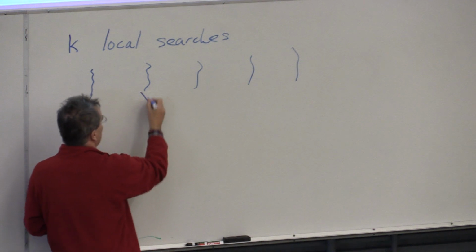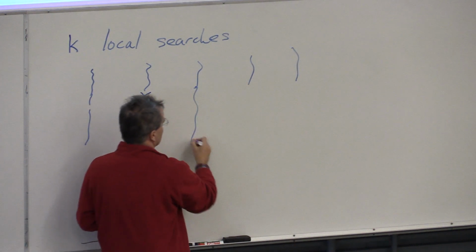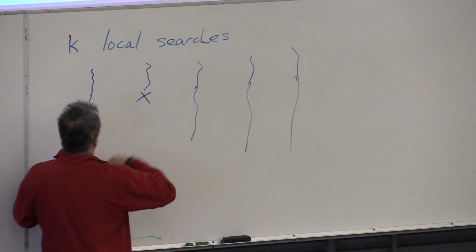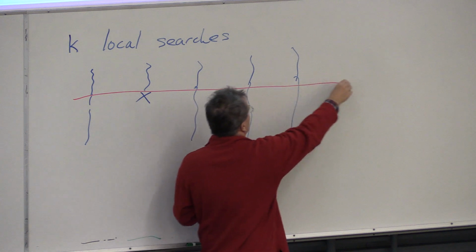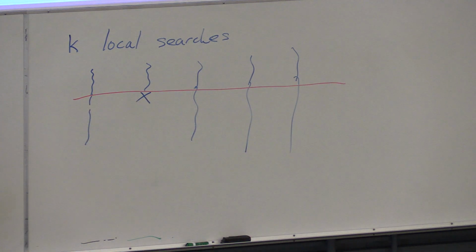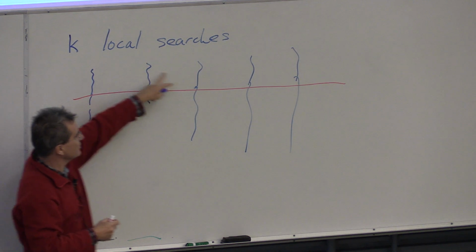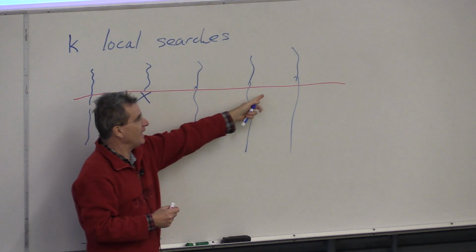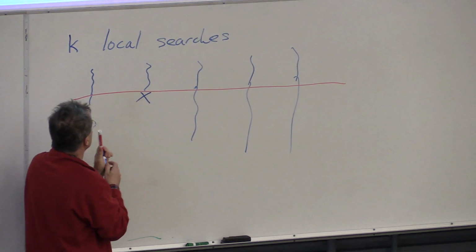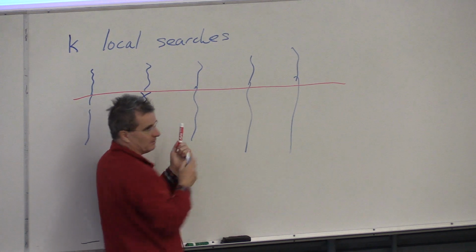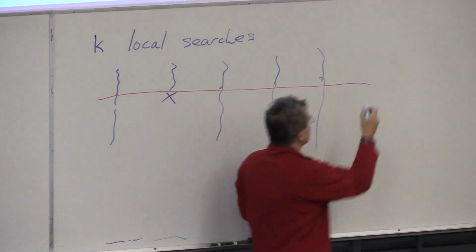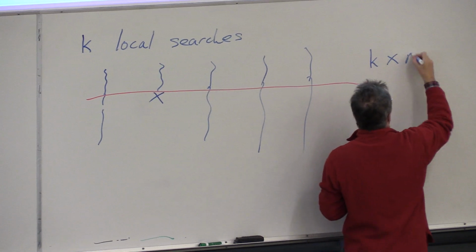Even if all of these go on forever, the time we take is only the time of the first one to finish. So we're carrying out K local searches. As soon as one finds a solution, we stop. So the amount of work we're going to do is K times the minimum.